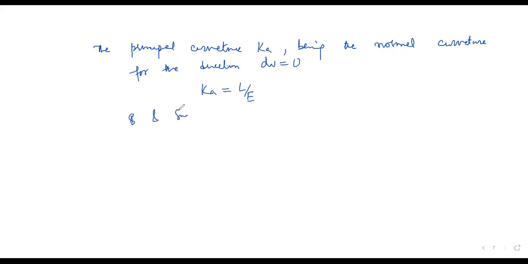And similarly k sub b would be, of course, n by g, because du is equal to 0 since I'm taking my lines of curvature to be parametric curves.